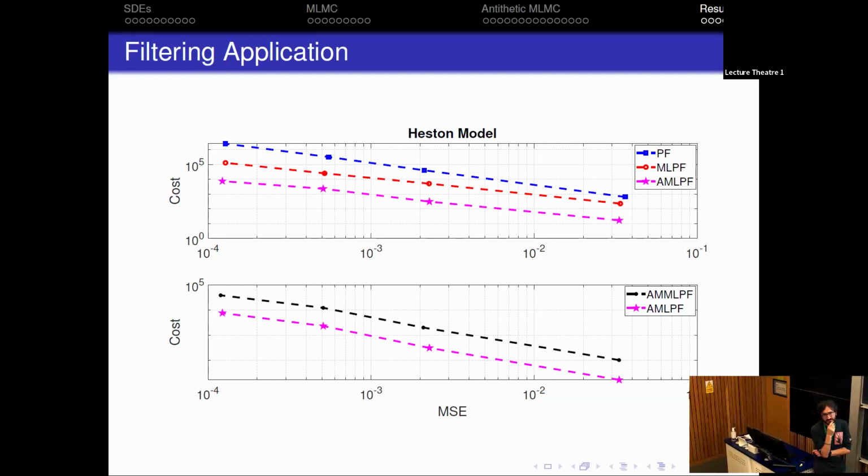Maybe it's not that, but I see a benefit of this: you get rid of the Levy areas, and you still have strong error of order 1 and weak error of order 2. Order 1 is not very good for strong error, but when you are interested in the weak error, that's fine. And it's explicit; it doesn't use the Levy areas. It's probably related to that approximation. Yes, it might be.